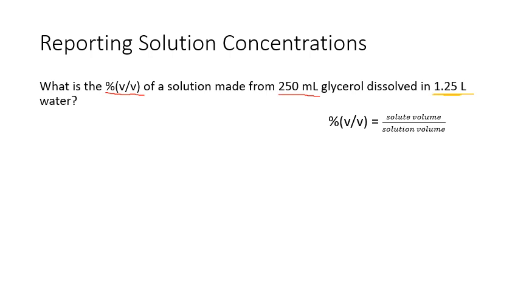So the first step we're going to have to do is convert one of those to the other unit, so that when we do our second step of taking the volume of the solute, the 250 glycerol, and the total solution volume, which is going to be the glycerol plus the water, we're both in the same unit. Those units cancel and we get percent.